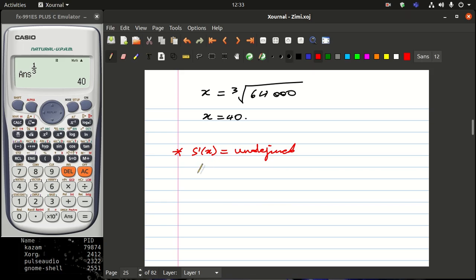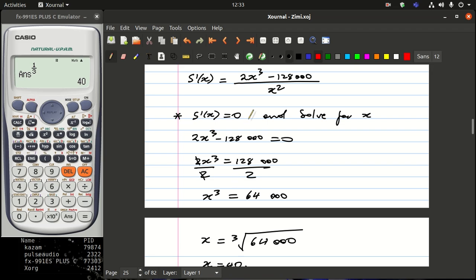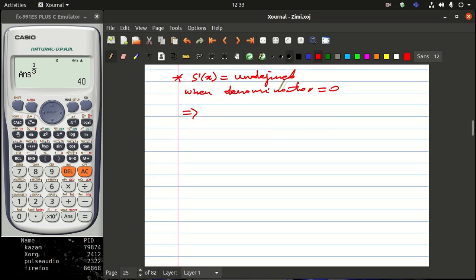This one here is undefined when the denominator is equal to 0. In other words, this is going to only happen if you are having x squared, because this is the denominator. When we are having an x squared equal to 0, which simply means when x is equal to 0.